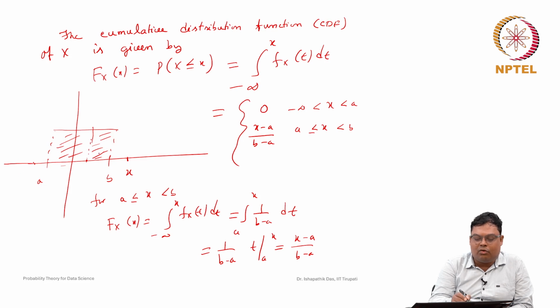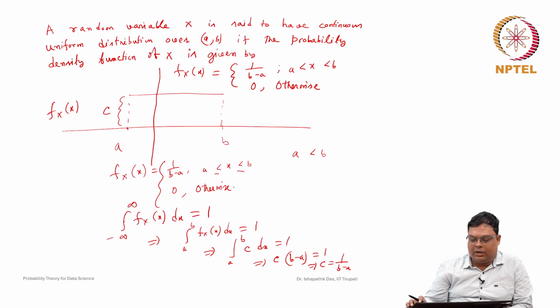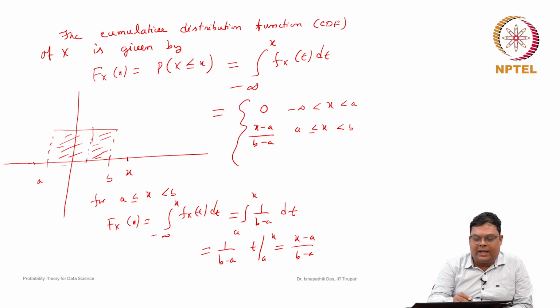Then from a to b, because it is a density function, the integration will be 1. The height is 1 by b minus a and the base is b minus a, so the whole area is 1. Then from b to x, again there is no density, so it is 0. That is why the integration will be 1 for x greater than or equal to b.